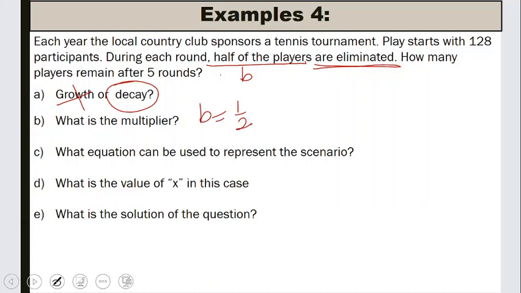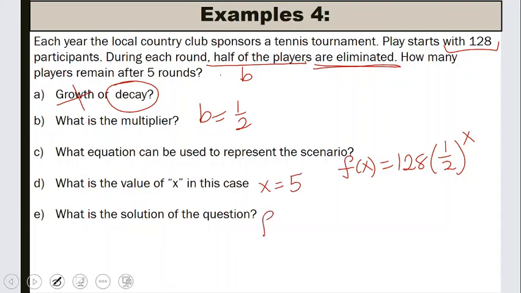Now write the equation. The equation for this scenario is going to be f of x equals 128, because we are starting with 128 players, multiplied by 1/2 raised to the power of x. How many players remain after 5 rounds? That means our x is 5. To solve the question, we want to evaluate the function when x equals 5.